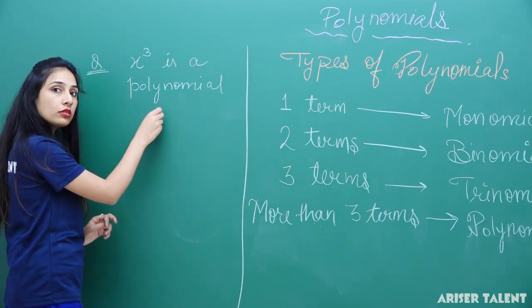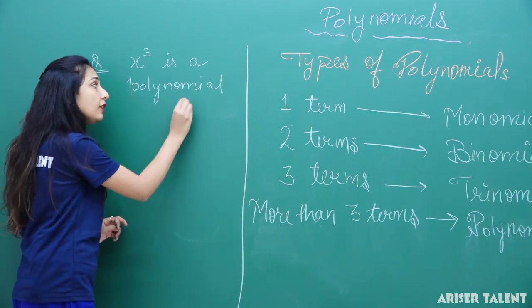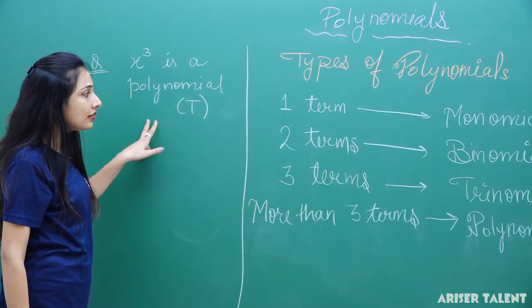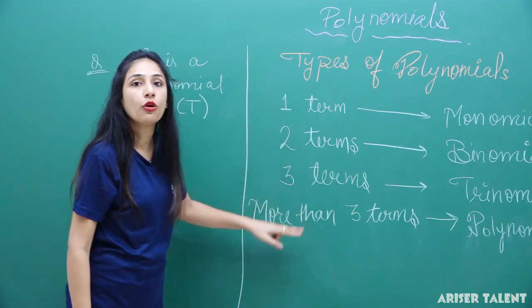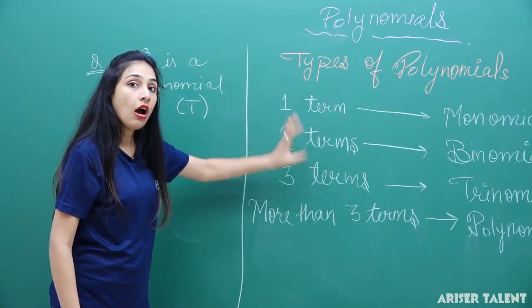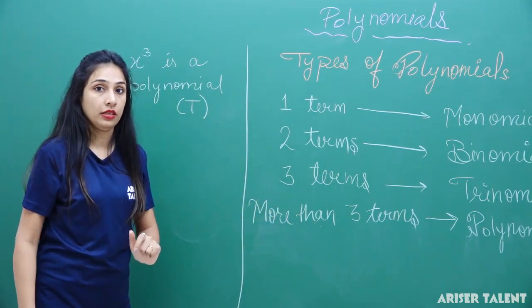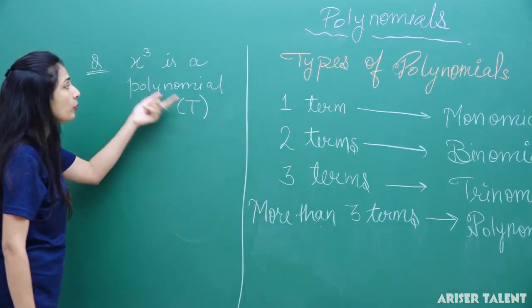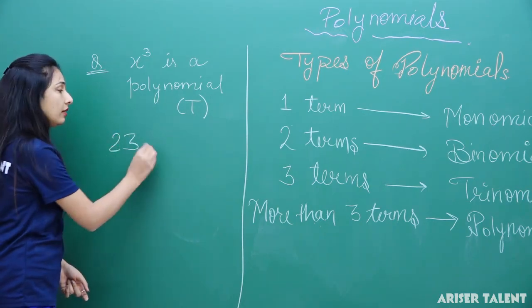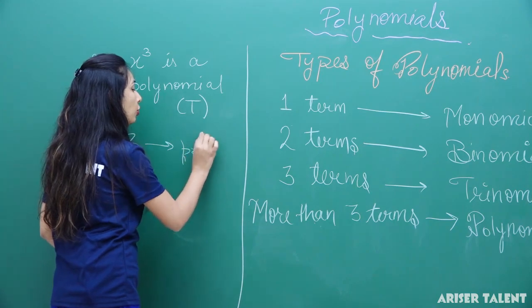True or false? That will be always true. Why is it not false? Because these are all categories of polynomial. Monomial, binomial, trinomial are also polynomials. That means x cube is a polynomial. If I say 23, yes, it is a polynomial.